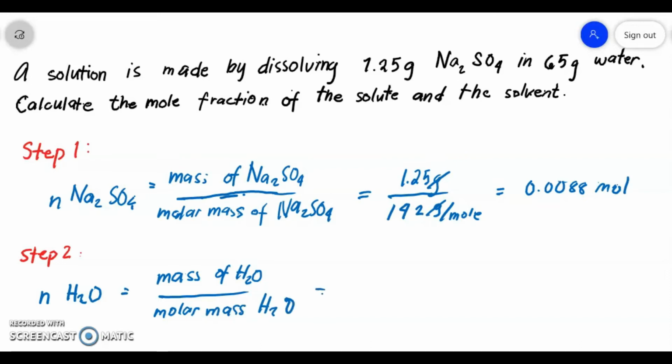We have the given 65 grams divided by the molar mass of H2O, which, if you search it on the internet, is 18.015 grams per mole. Using your calculator, this would be equal to 3.61 moles.